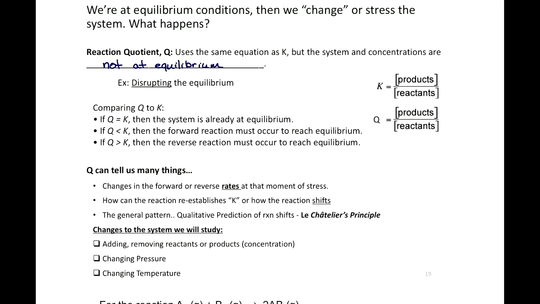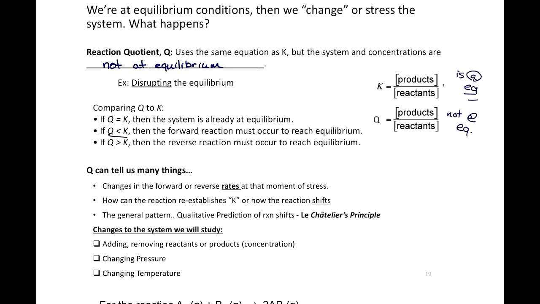What's helpful to us is if we compare Q to K, we can tell which way my reaction has to go to achieve equilibrium. See how it's literally the same equation, products over reactants, but Q is not at equilibrium, while K is whatever value this is at equilibrium. So what's really useful to us is comparing those values.